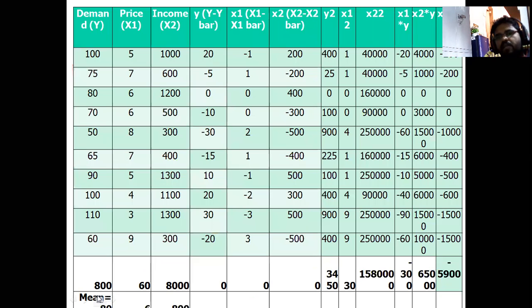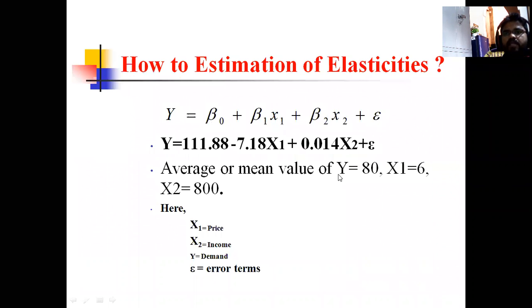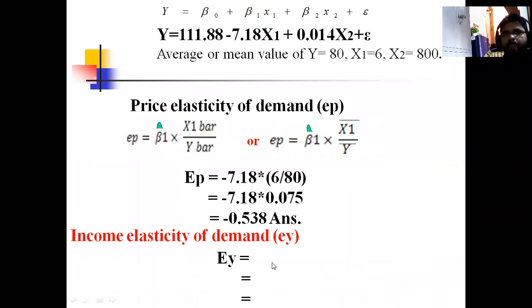Here the average value of y is 80, the average of price is 6, and the average of income x2 is 800. So I put it here. Here y is the dependent variable, x1 is the price, x2 is the income, y is the demand, and epsilon is the error term.